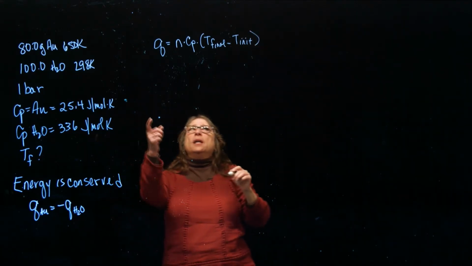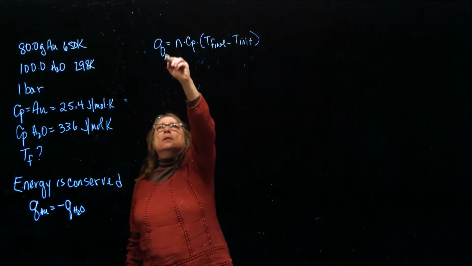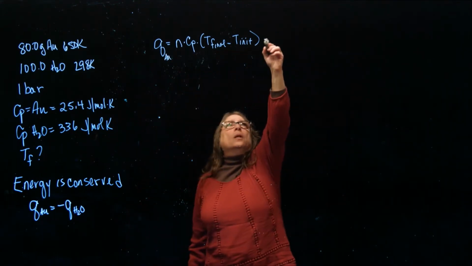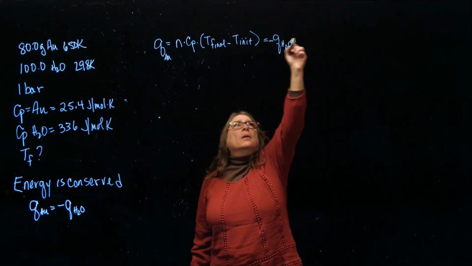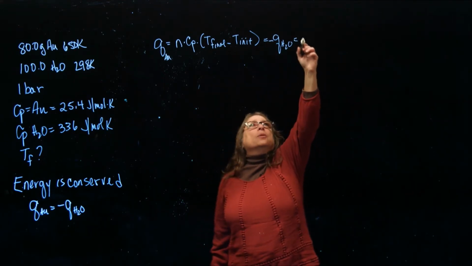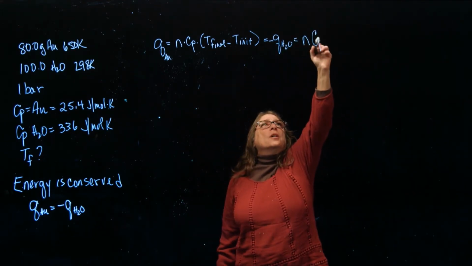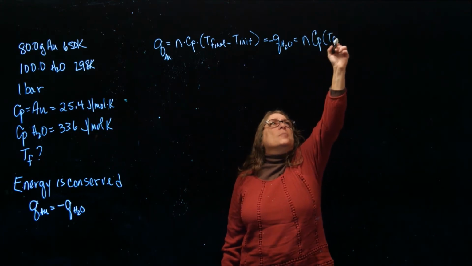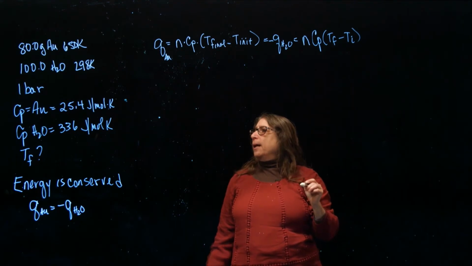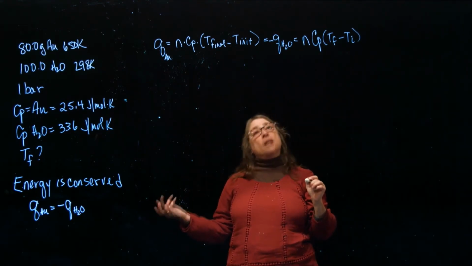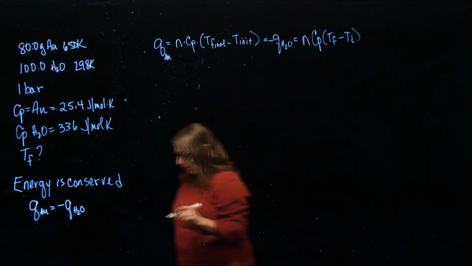And so the heat for the gold has to be equal and opposite to the heat for the water. And so that one's equal to the number of moles of water times the heat capacity times the final temperature minus the initial temperature. And now I have almost everything except the number of moles I have.